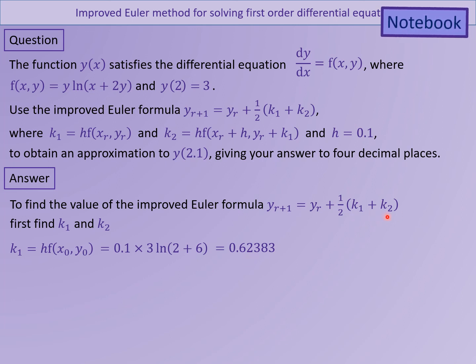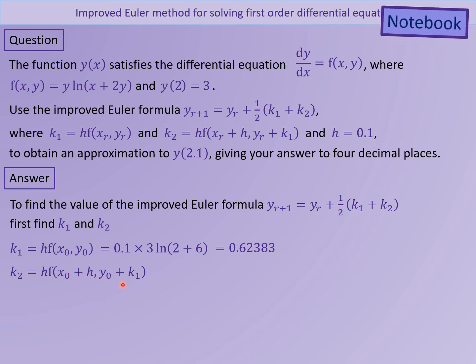I'm going to work out k2 as well. So k2 says this. I do h, then I use the differential equation just there. And the two values I'm going to put in, well, the x value I put in will be x naught, which is 2, plus h, so that's 0.1. So I'm going to use 2.1 for my x value.